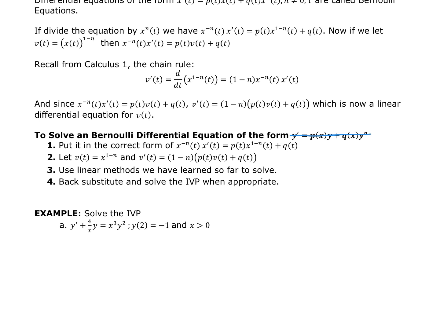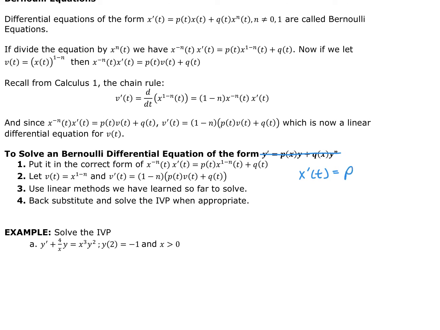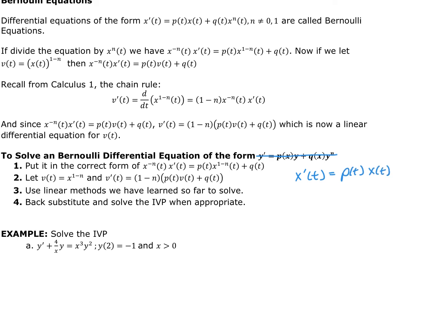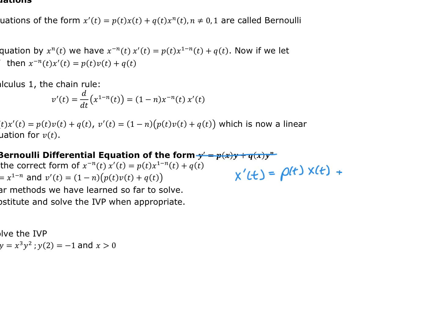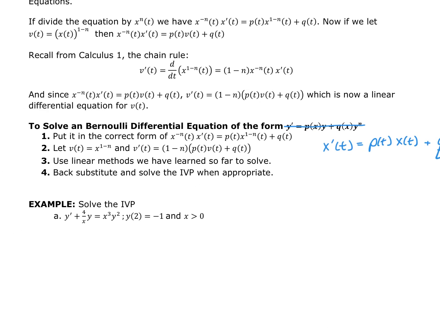If I have x prime of t equal to p of t multiplied by x of t plus q of t multiplied by x raised to the n of t, then I'm going to put it in the correct form. I'm going to divide everything by x to the n, which is the same thing as multiplying by x raised to the negative n of t.